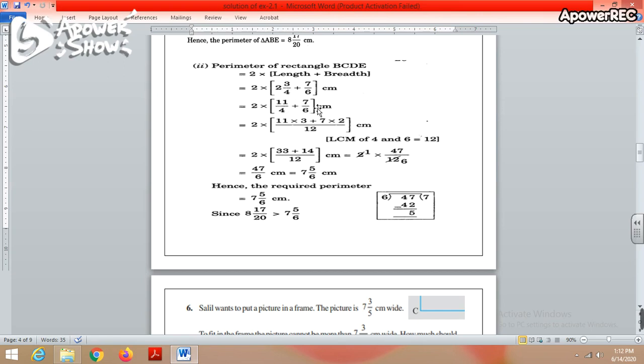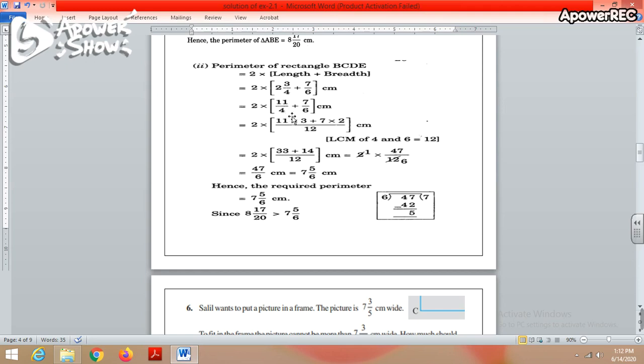Now we are solving this bracket. So 11 by 4 plus 7 by 6, again these are unlike fractions, so you have to first find out the LCM. So the LCM of 4 and 6 is 12, and now you have to find the equivalent fraction of 11 by 4 having denominator 12. It will be obtained by multiplying our denominator and numerator by 3.